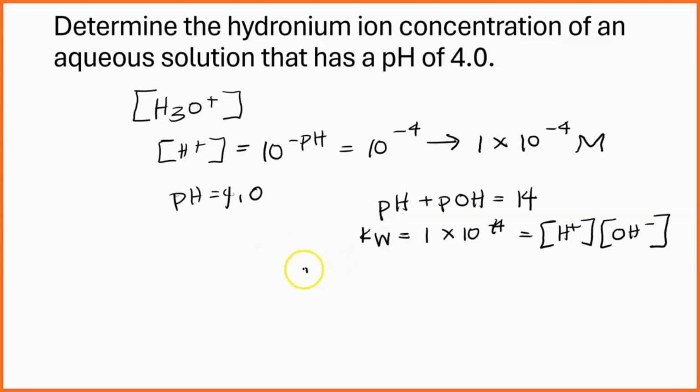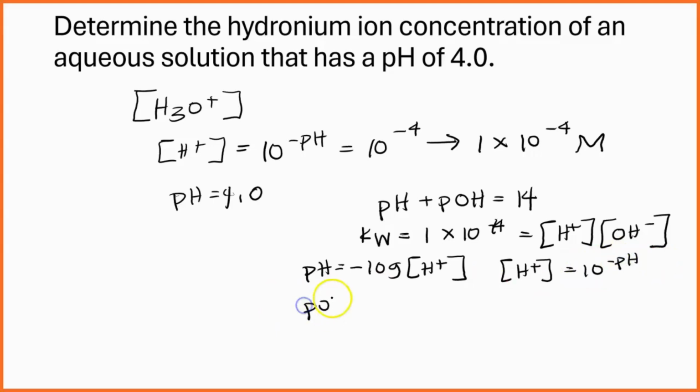We also said that pH equals the negative log of the hydrogen concentration. But if I already know pH, I could find the hydrogen concentration by doing 10 to the negative pH. And conversely, I could find pOH by doing the negative log of the hydroxide, or I could find the hydroxide concentration by doing 10 to the negative pOH.